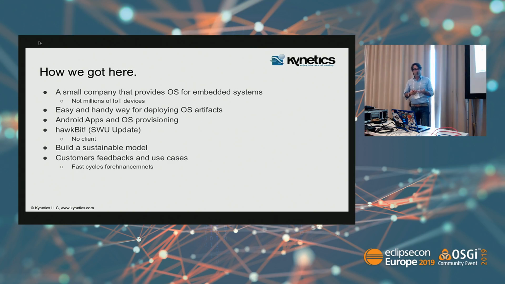That was something different. So we decided, why don't we build a delivery system for customers who want to first flash, or update in the future, their operating system? So okay, let's consider it.